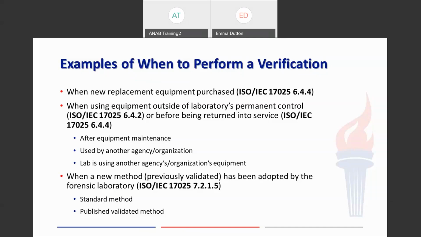So verify that it's working according to your specified requirements. Also, don't forget about when you take a piece of equipment out of service, before you place it back into service, you need to verify that it, again, is meeting your specified requirements. So after equipment maintenance, when used by another agency, or if you're using another agency's piece of equipment, verify that it's working.